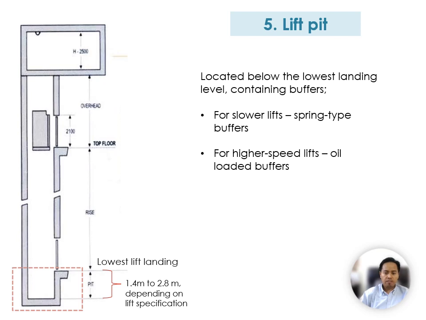For slower lift, this is to house spring type buffers, and for higher speed lift, this is to house oil loaded buffers. The size, depending on the lift specification, can range from 1.4 meter to 2.8 meter height.